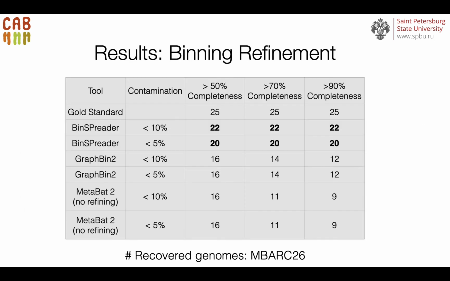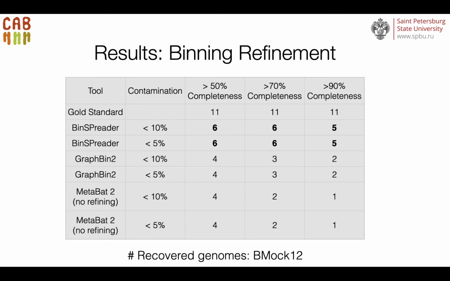If we look at the MAG completeness, as you can see, compared to GraphBin2 and MetaBAT, which corresponds to no refining at all, for EMBARK, BinSPreader is able to derive almost all genomes here. The situation with BMock is slightly different because it contains lots of similar species, but still we have quite good results here.